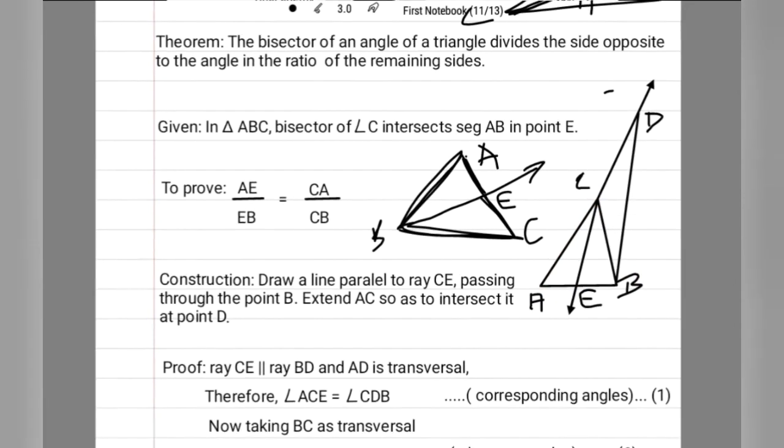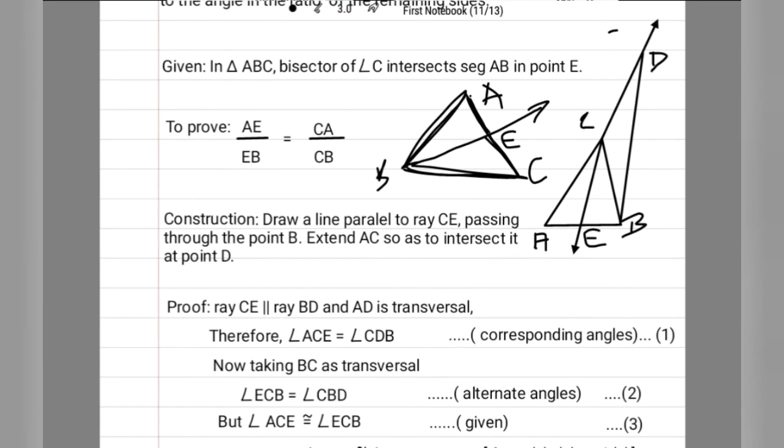Okay, so moving to the proof now. Now what the proof says is the ray CE is parallel to BD and AD is the transversal. So what we can say is this angle, that is ACE, is equal to the angle CDB, that is the corresponding angle. So this is the first equation which we get.